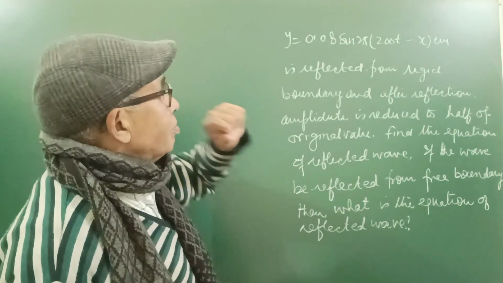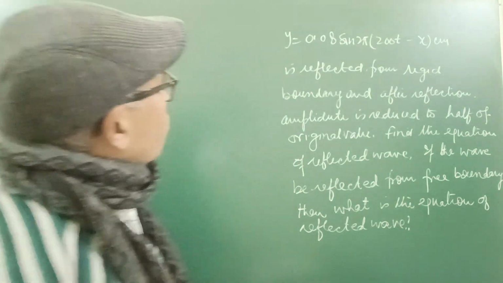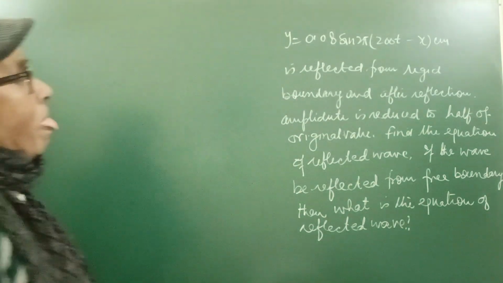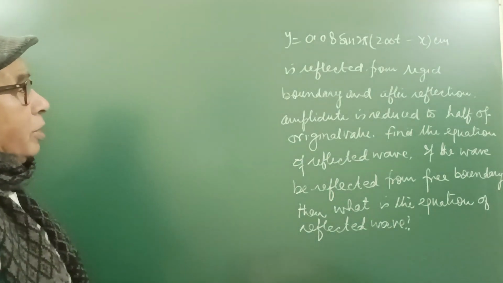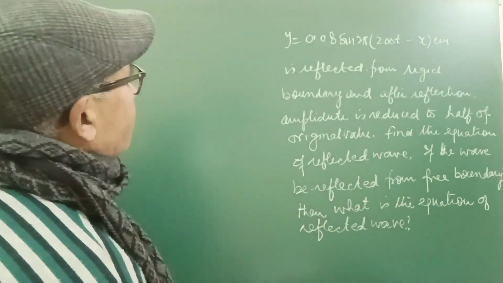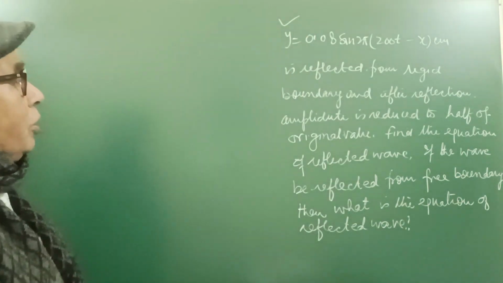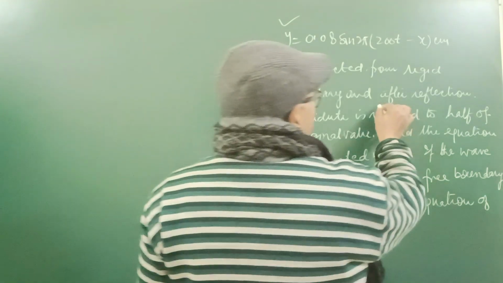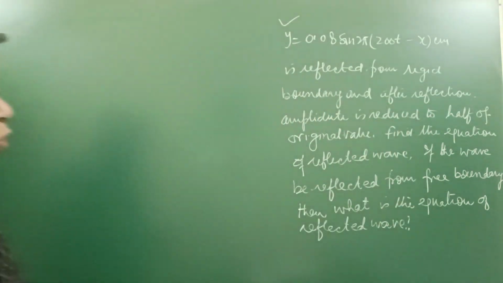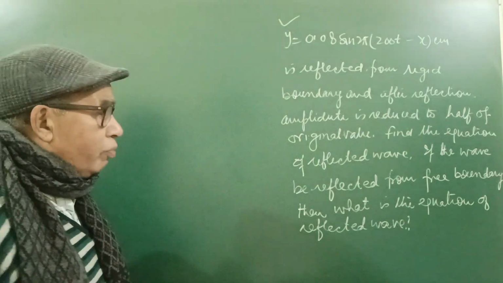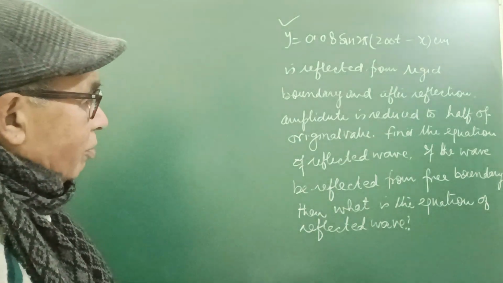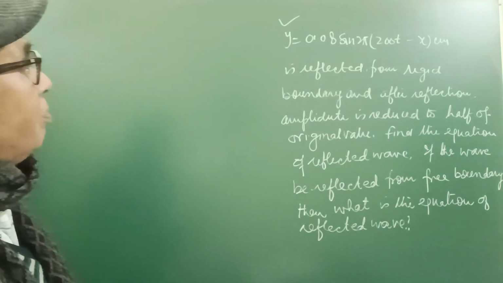A progressive wave is given by y equal to 0.08 sine 2 pi bracket 200 t minus x centimeter. This wave is a traveling wave, is reflected from rigid boundary, and after reflection amplitude is reduced to half of original value. Find the equation of reflected wave. If the wave is reflected from free boundary, then what is the equation of reflected wave?